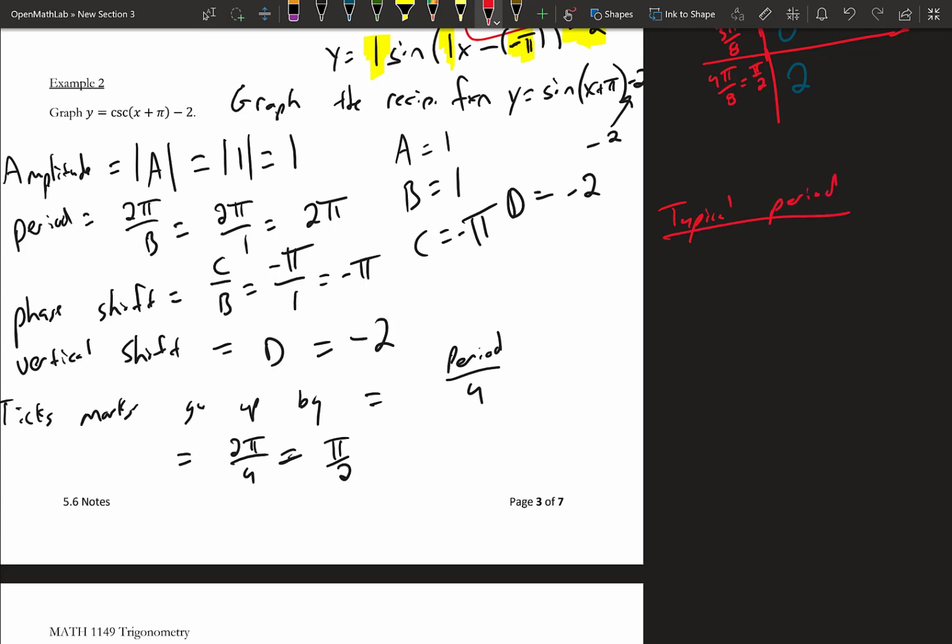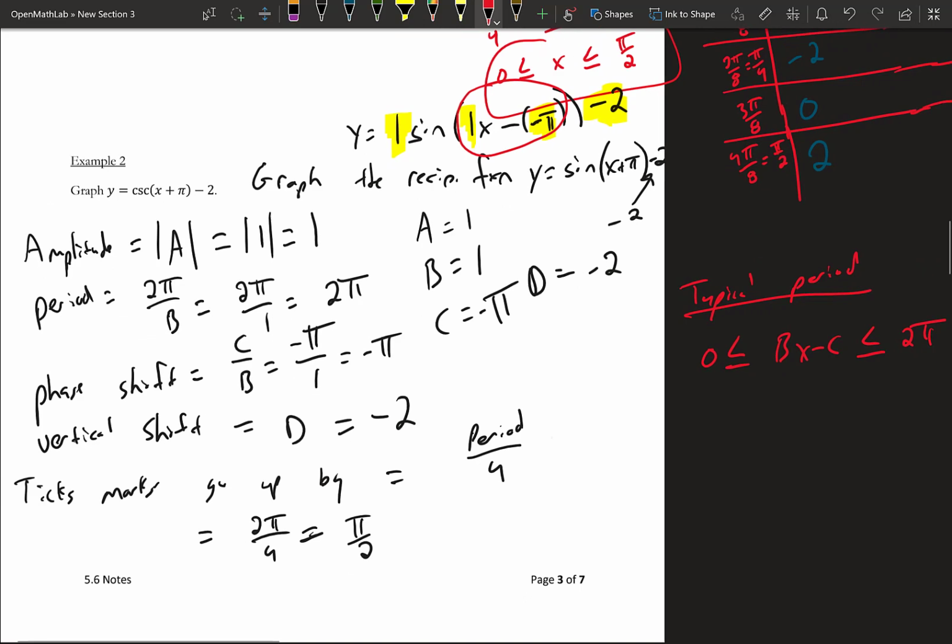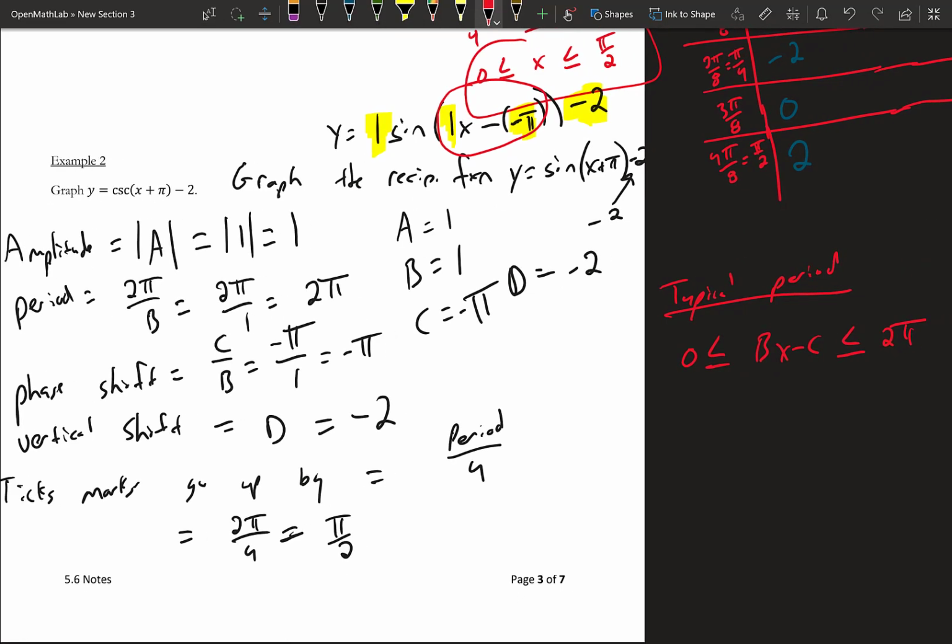So the typical period, remember, we're trying to solve for this interval, 0 less than or equal to bx minus c less than or equal to 2 pi. So the bx minus c part is here. So we would put in x plus pi here, less than or equal to, and then 0 and 2 pi.